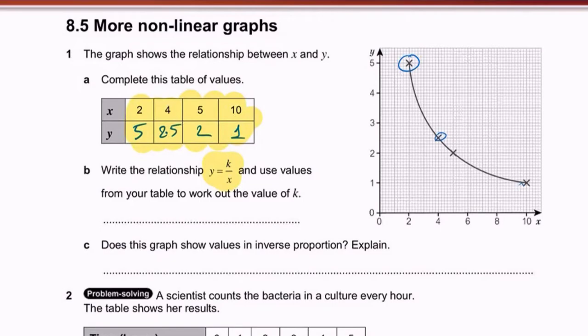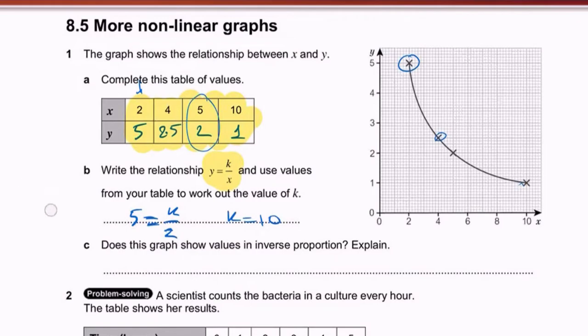Let's take the first point: y equals 5 when x equals 2. So k equals 10, because 10 over 2 equals 5. Check another point: y equals 2 when x equals 5. K over 5 equals 2, so k equals 10, because 10 over 5 equals 2. So k equals 10.